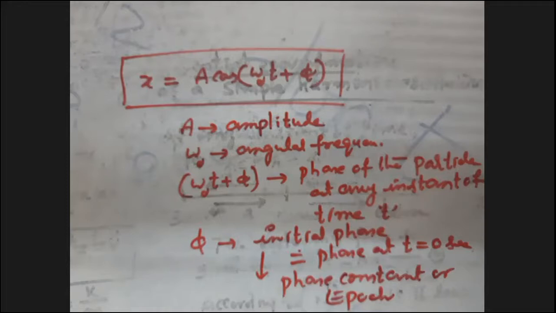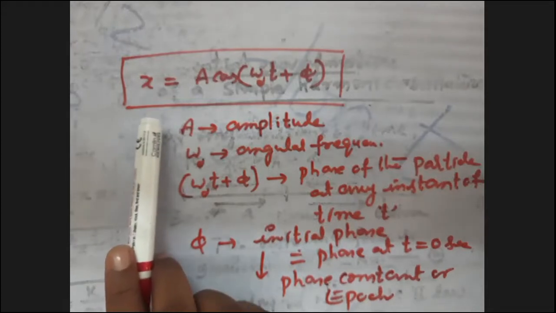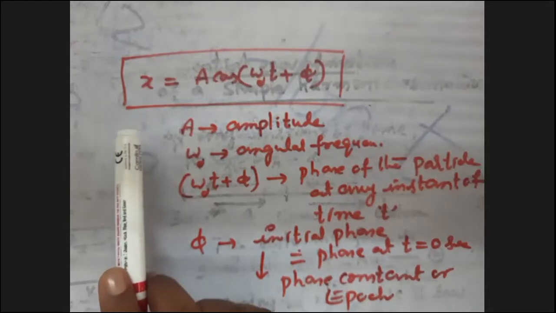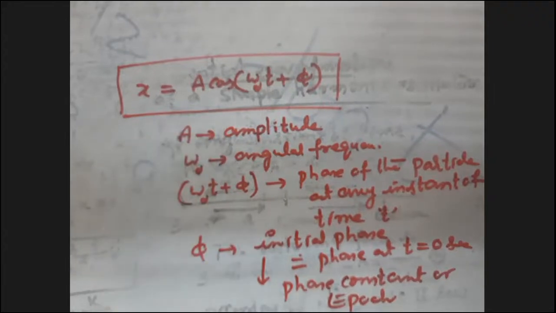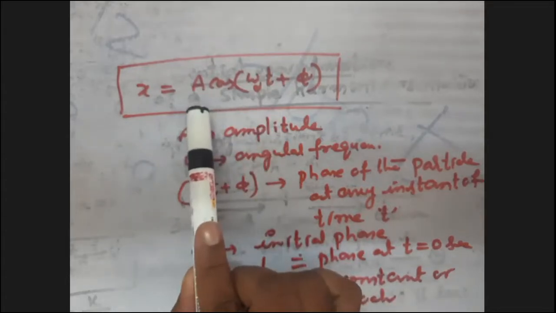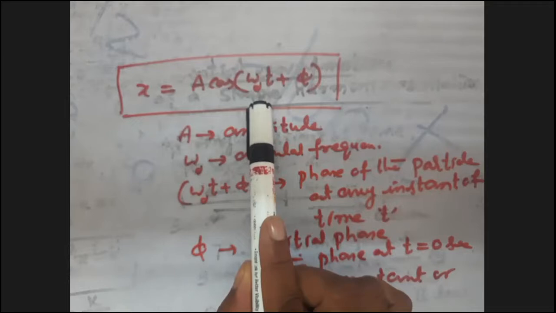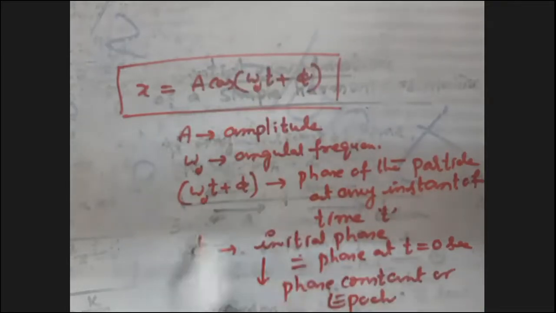Now the physical characteristics of the simple harmonic motion. The first one, displacement. The displacement of the particle executing simple harmonic motion, x is equal to A cos of omega naught t plus phi, where A, the coefficient of the cos function, represents the amplitude, omega naught the angular frequency, omega naught t plus phi the phase of the particle, phi the initial phase.